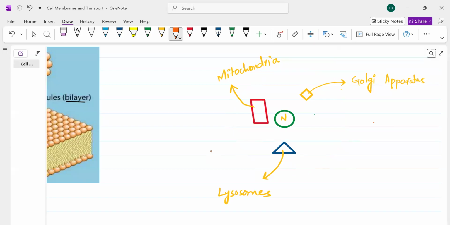If you remove the cell membrane, just like I have done, all this content will be available in the bloodstream. So this is what I'm saying, that the cell membrane separates the inner content of the cell from the other environment, from the other cell, and it forms a separate compartment.